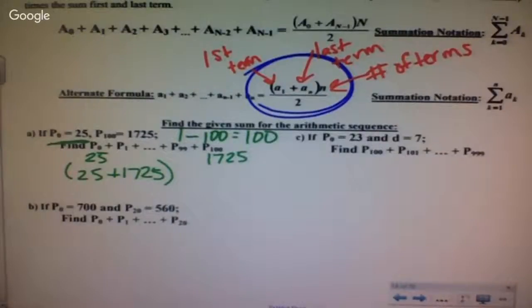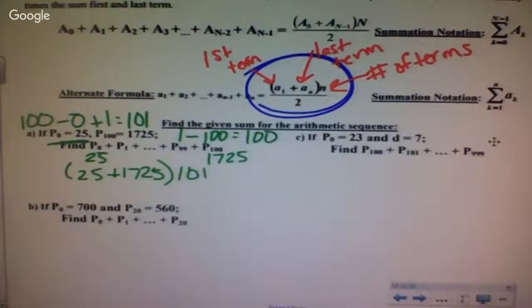But we start at 0, so there's technically 101 terms there. You will always get the number of terms if you take my last term, the 100th term, minus my first term, the 0 term, plus 1. And you will always get how many terms you have every time. So what place is my last term in, minus the place that my first term is in, plus 1, every time.